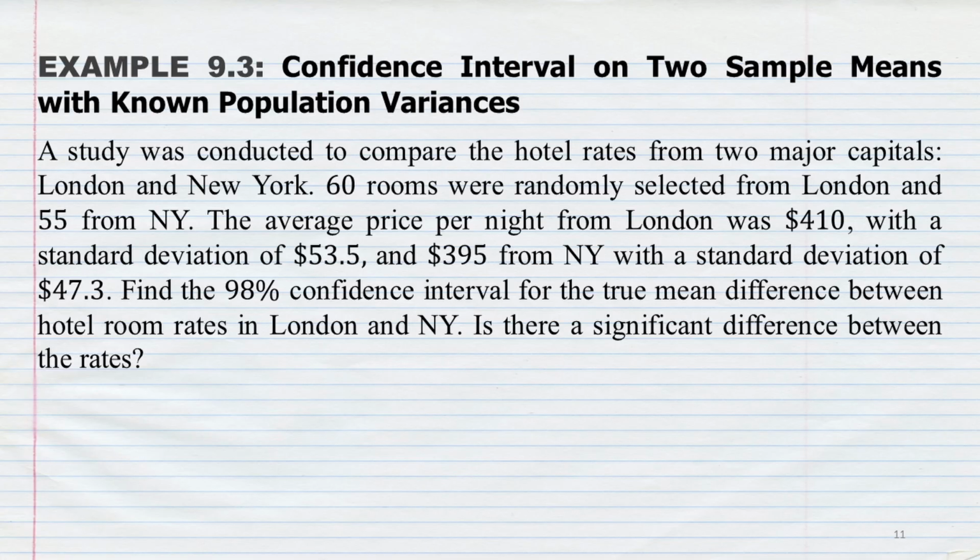The average price per night from London was $410, with a standard deviation of 53.5, and $395 from NY, with a standard deviation of 47.3. Find the 98% confidence interval for the true mean difference between hotel room rates in London and NY. Is there a significant difference between the rates?